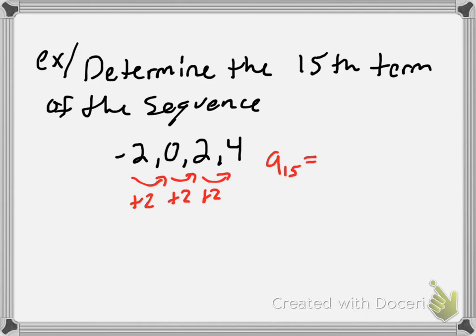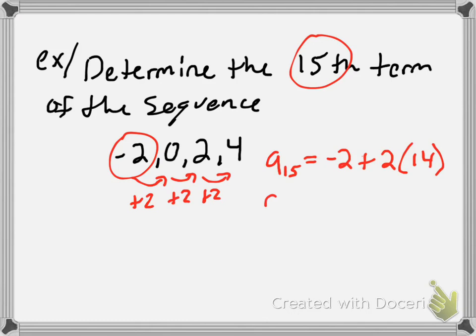It's going to be our first term, which is -2, plus our common difference, which is 2, and then one less than what we started with, which is 14. So our a of 15 is -2 plus 2 times 14, which gives us 26. If we were to continue the sequence to the 15th term, we would find that it ends at 26.